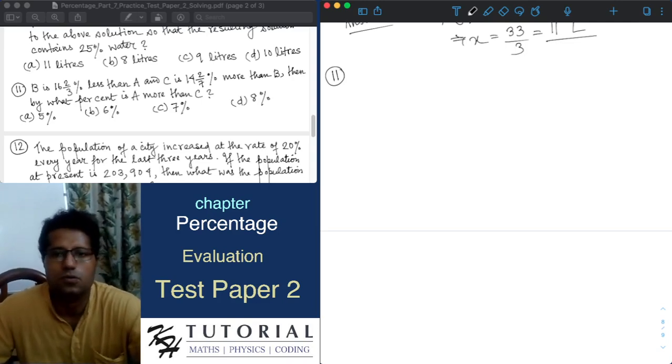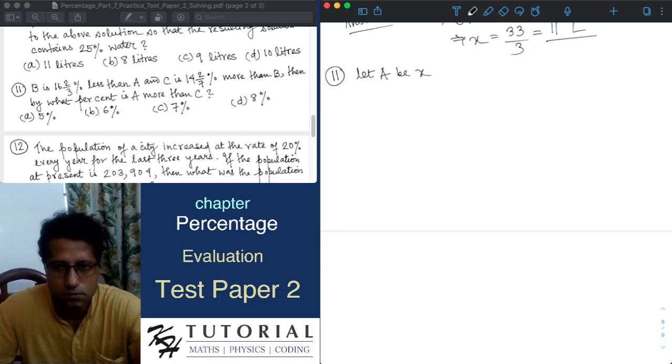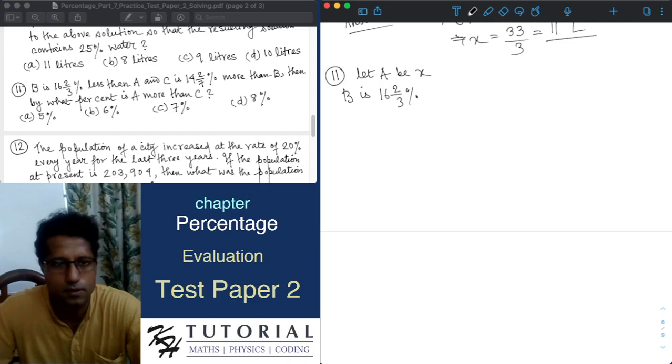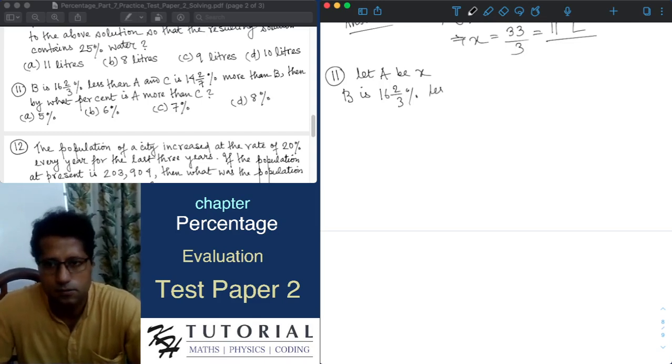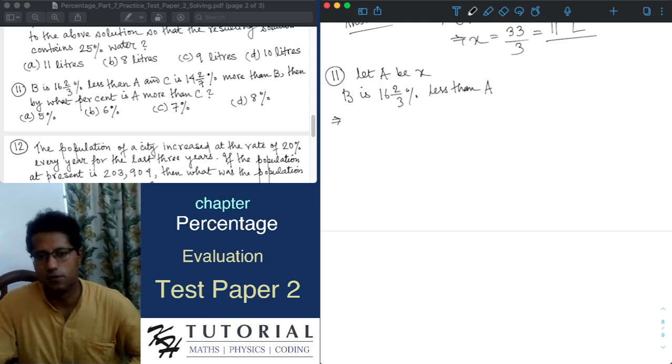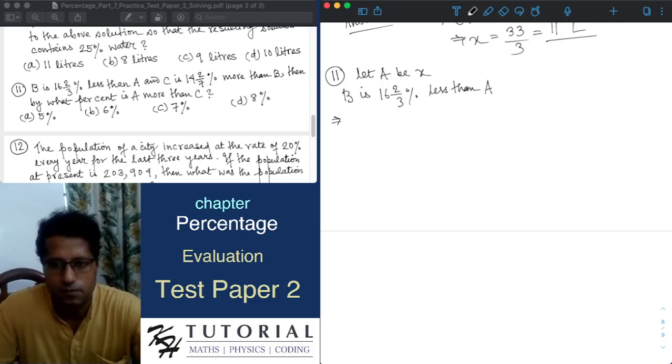Okay, so let A be x. It is given that B is 16 and 2 by 3% less than A. 16 and 2 by 3 means 50 by 3.